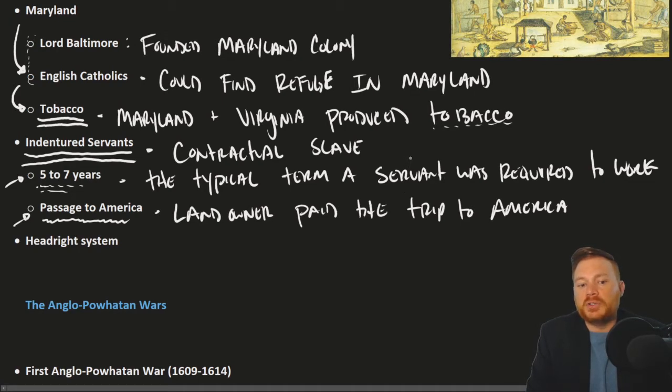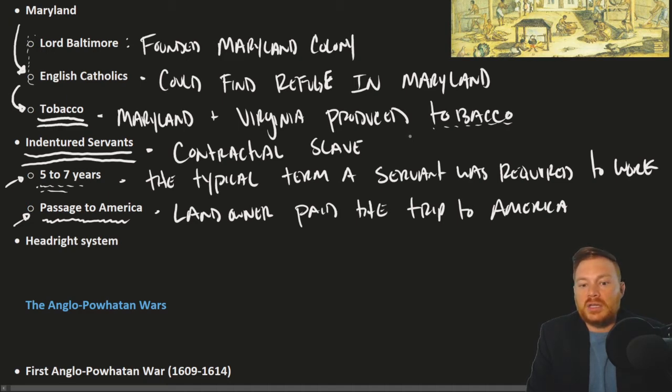But afterwards, there was hope that one would attain land. That did happen in some cases. In some cases, indentured servants never obtained land. In most cases, indentured servants died before the 5 to 7 years were up because the health conditions, disease, and food conditions there were just so terrible.